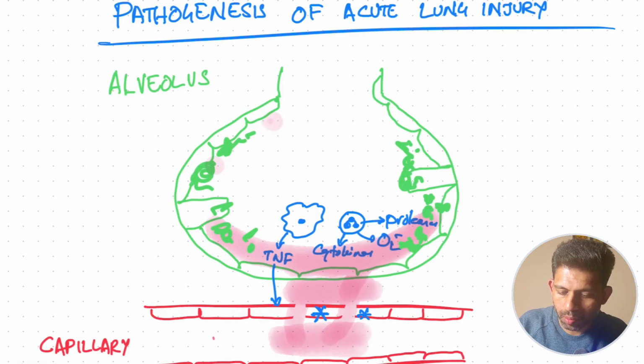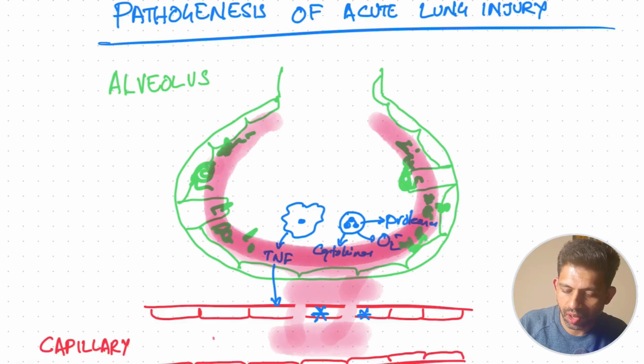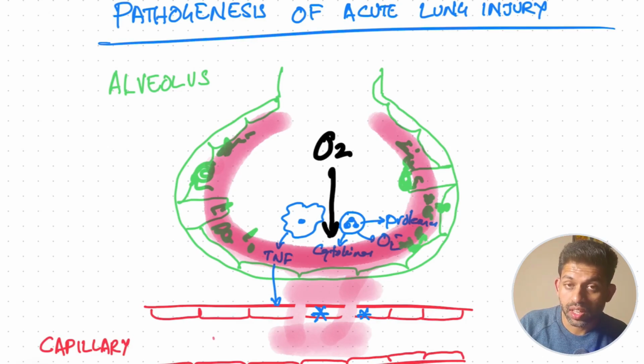These two form a membranous structure around the alveoli. This is called hyaline membrane. This acts as a barrier, so gas exchange fails. All of this together produces diffuse alveolar damage.